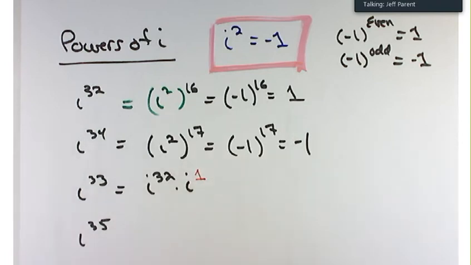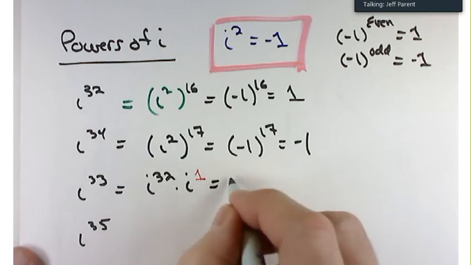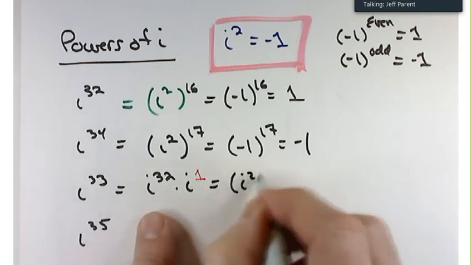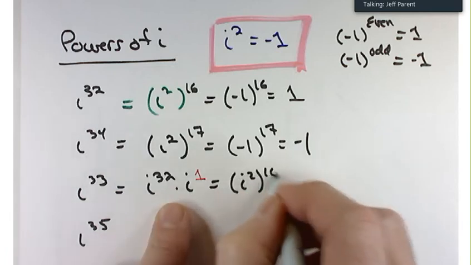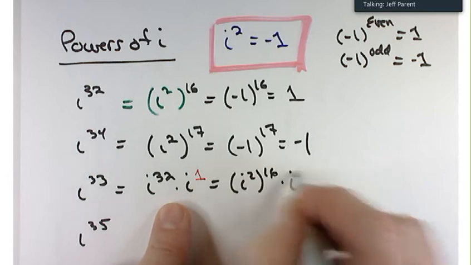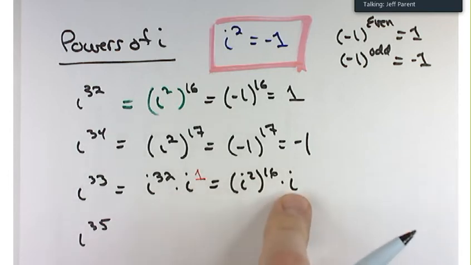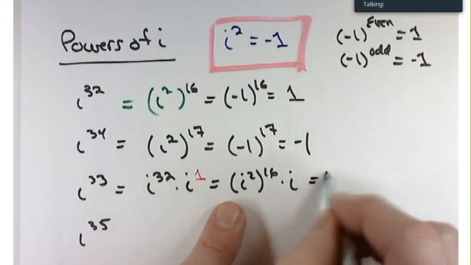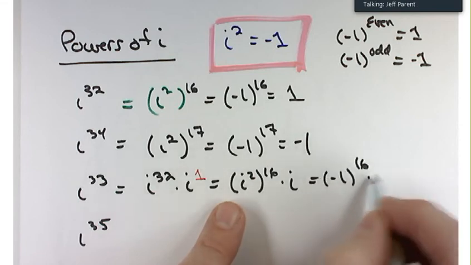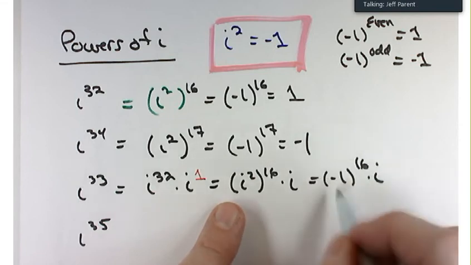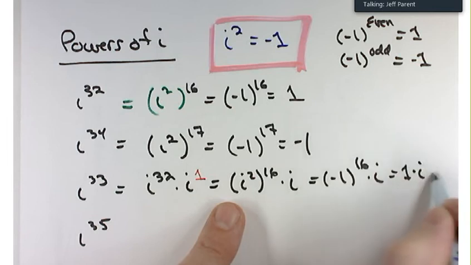The rest of this is the same as before. You could write this as i squared raised to the 16th times i. That i is just going to hang along for the ride the rest of the way. I'm not going to do anything with it, but you can't just get rid of it. That becomes negative 1 to the 16th times i, which is 1 times i, or better yet, just i.